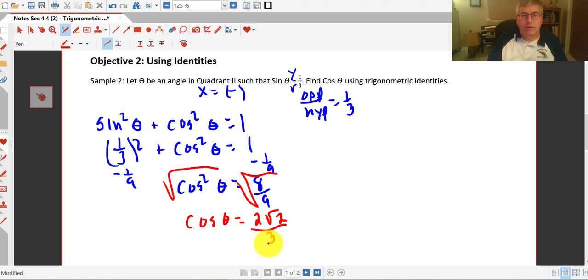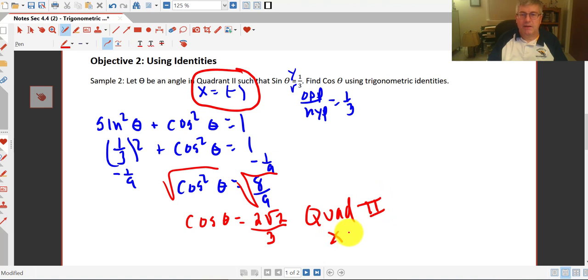And be careful here. We think we're done because we've got 2 square root of 2 over 3. However, we are in quadrant 2. So x is negative, which means our cosine must be negative.